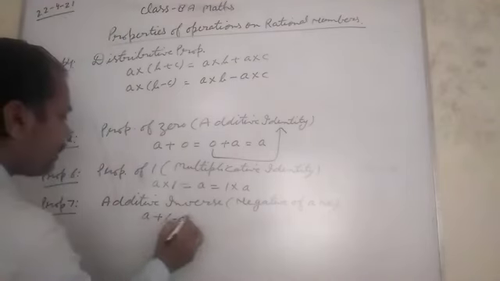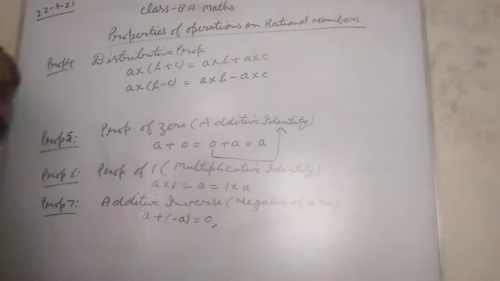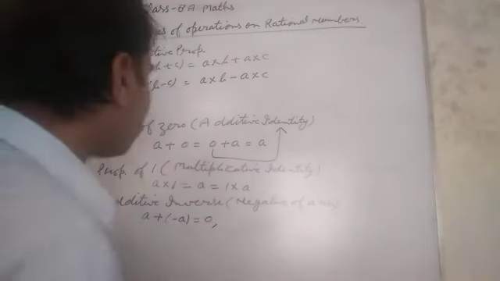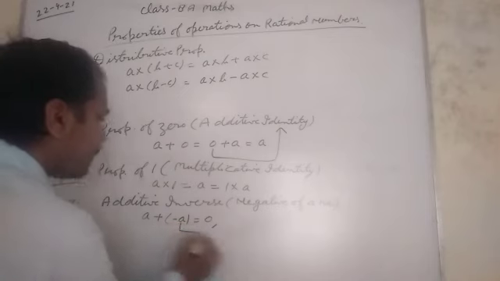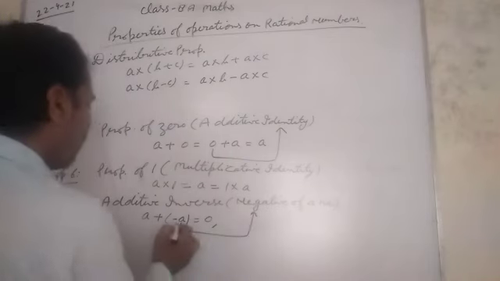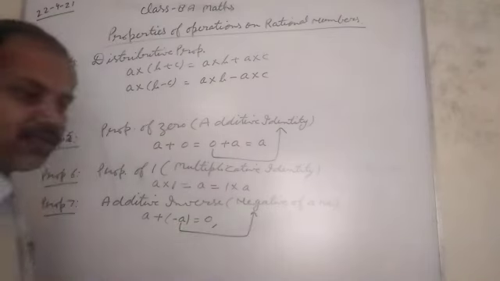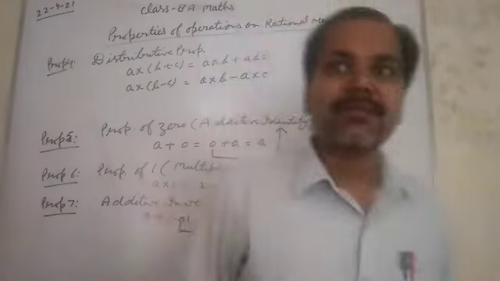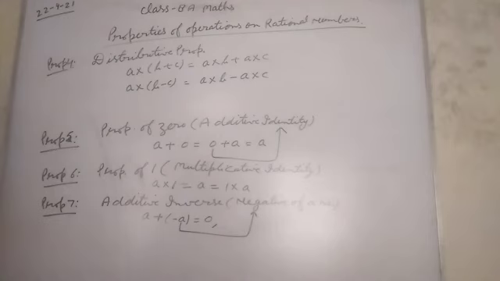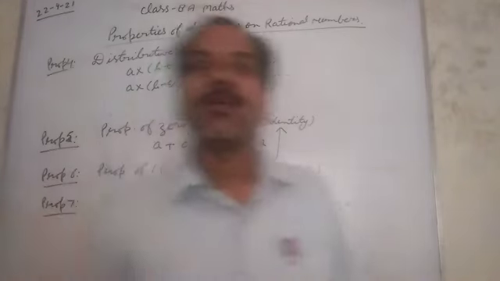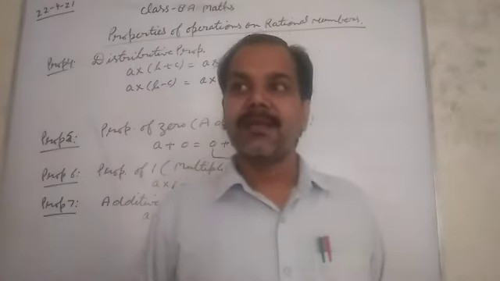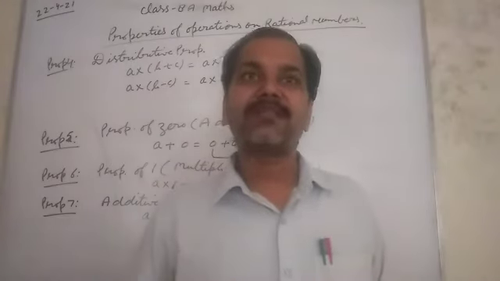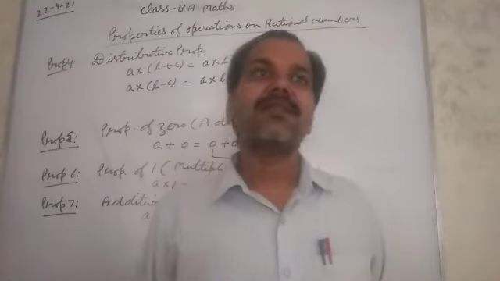So A and minus A, if we add, we'll get 0. So minus A is the negative of the number, or additive inverse. We can get the additive inverse by changing the sign of the given number. Suppose a number is 5, so its additive inverse is minus 5. If the number is minus 5, its additive inverse will be plus 5.